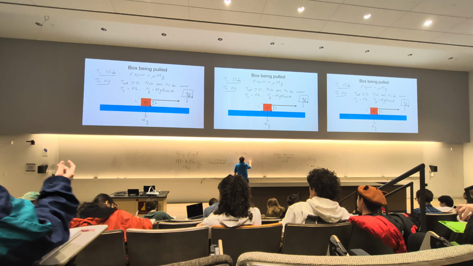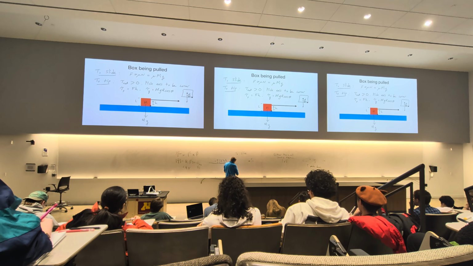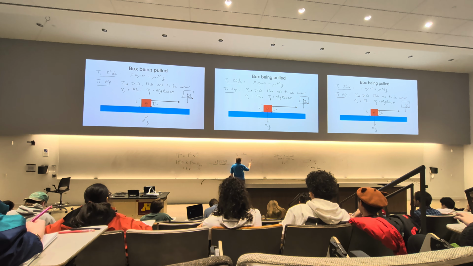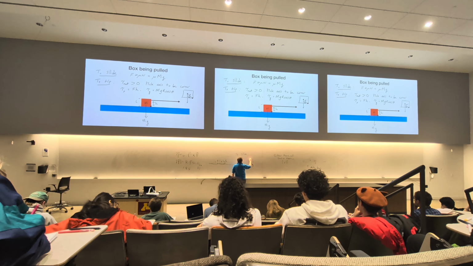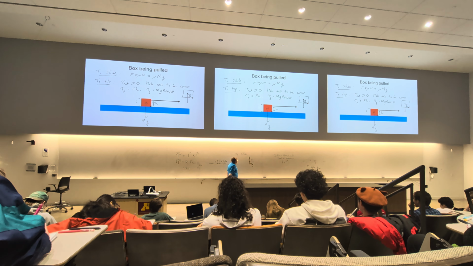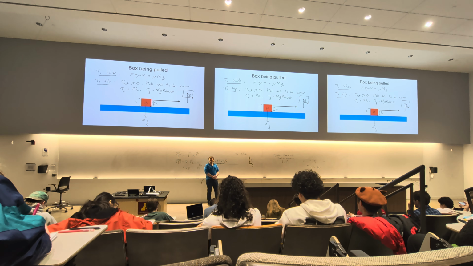If there's friction, maybe it doesn't slide. So, there is a force of gravity down. There is a normal force up. I'm drawing a free body diagram, idealizing the box as a dot. And there is a force of friction that might fight to go that way.